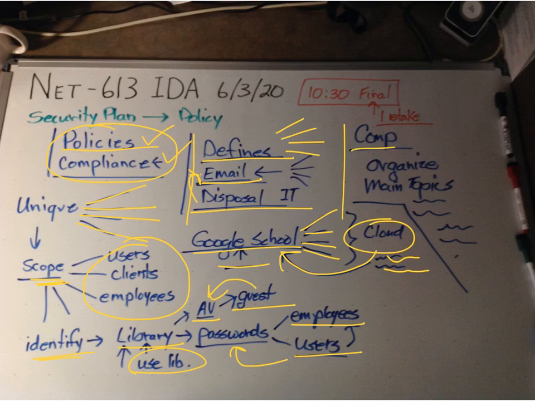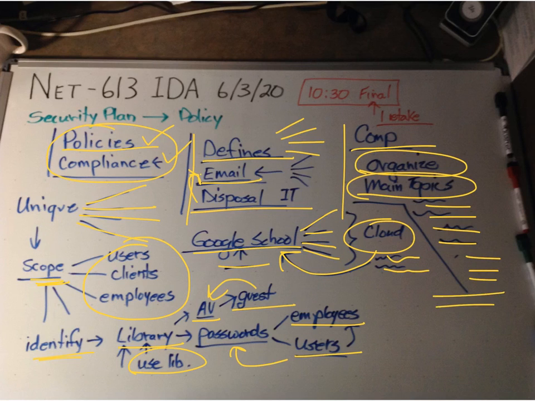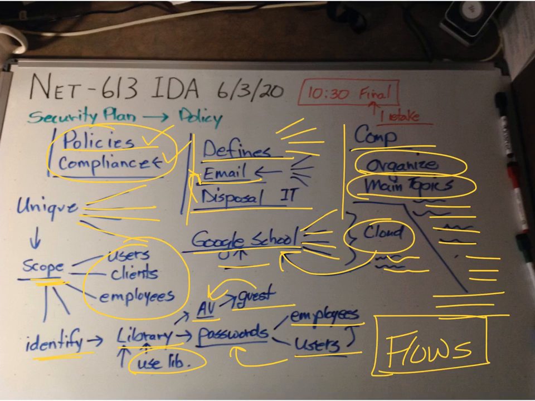Again, I talked about composition classes, how you organize the material, making main topics and subtopics underneath there to make sure the document flows and is easy to read. And make sure you have some type of either peer review or somebody for the business you're working on.